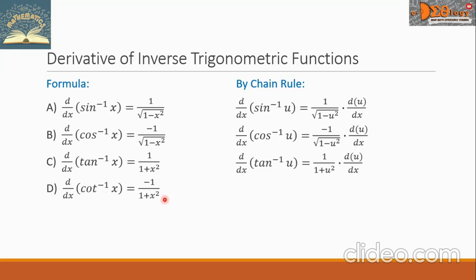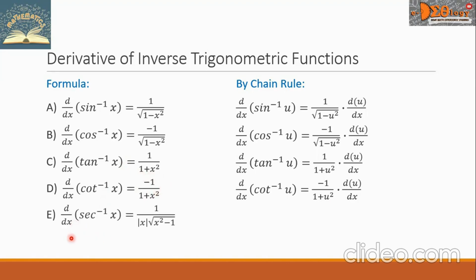This is equal to negative 1 all over 1 plus x squared. By chain rule, the formula becomes like this. Take note also that there is a similarity between the formula of derivatives for tangent inverse and cotangent inverse. The difference is the negative sign for the cotangent inverse.